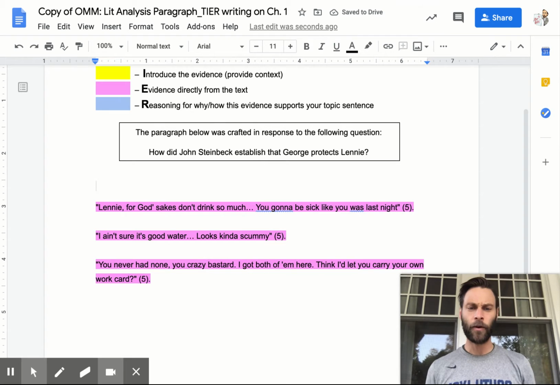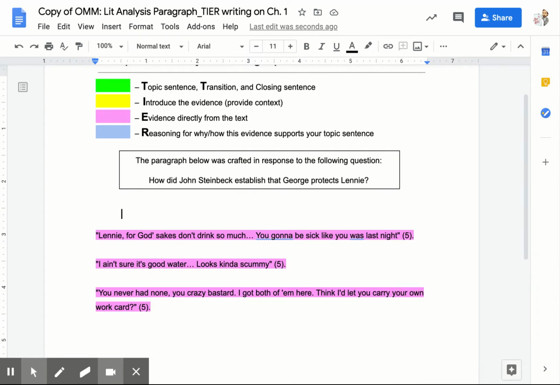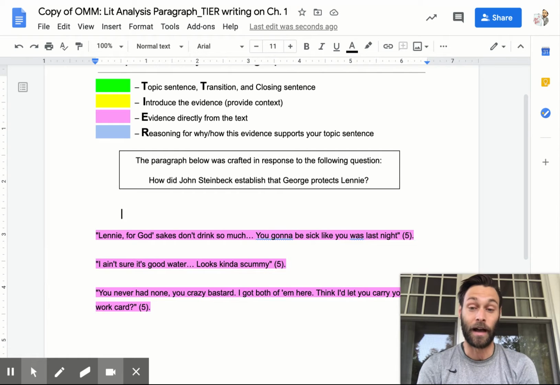I'm going to go ahead and model what I think about when I set out to write. So I know that my topic sentence is going to be all about what I'm trying to prove in this particular paragraph. What is it that I want to accomplish? So I'm going to use my prompt as a little bit of a guide here.